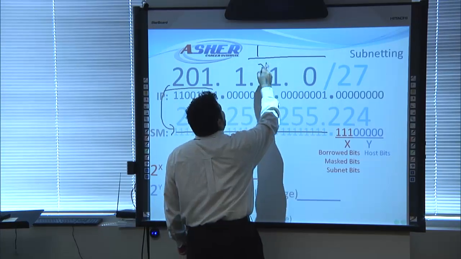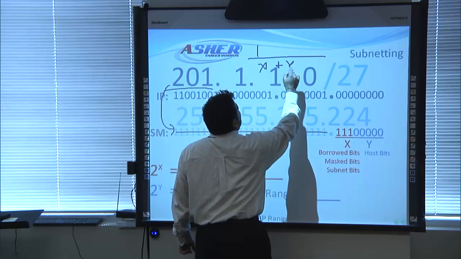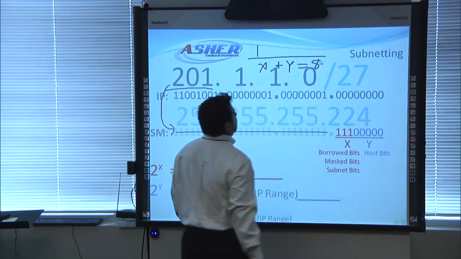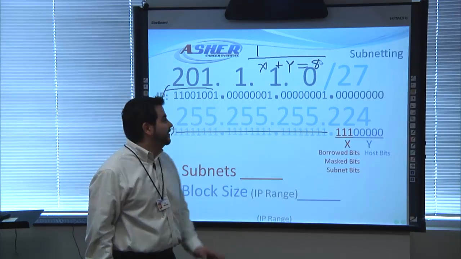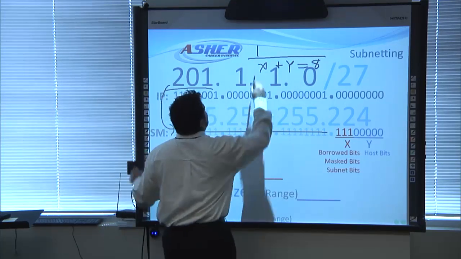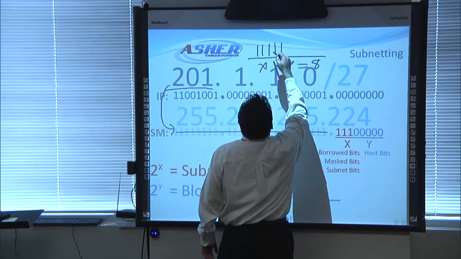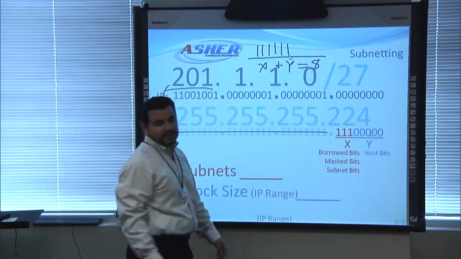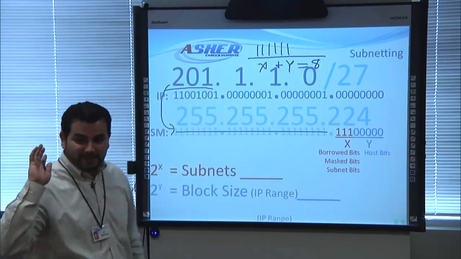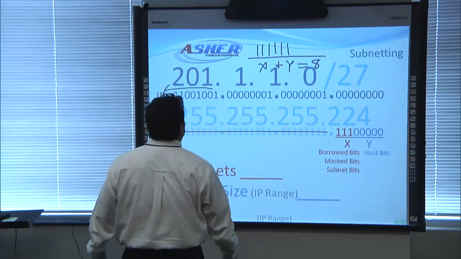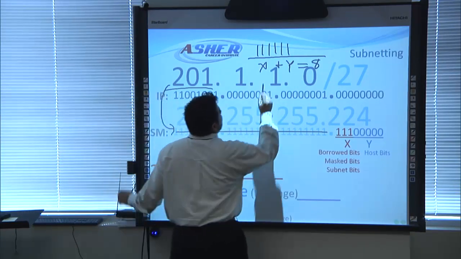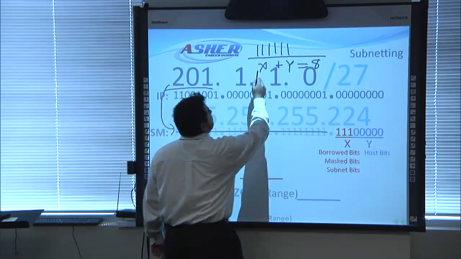However many X are plus however many Y are, it has to equal 8 no matter what. So what if I told you there were 1, 2, 3, 4, 5, 6. There are 6 X's. How many Y's would there be? 2. All right, you've got me. So we know that X plus Y always equals 8, right?